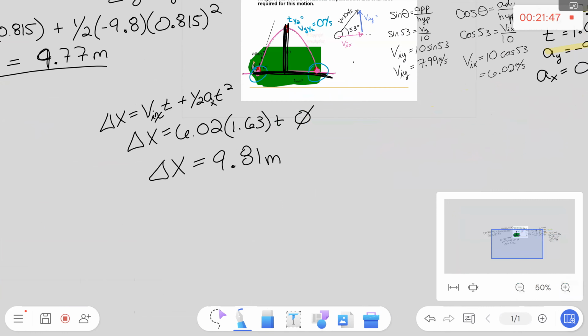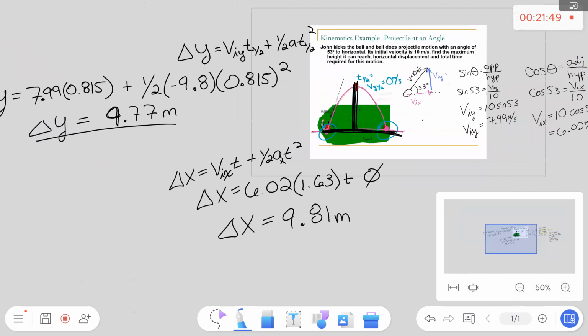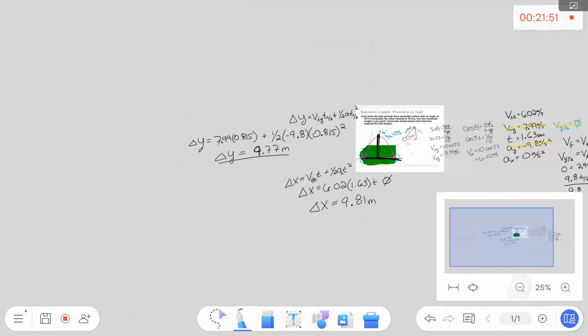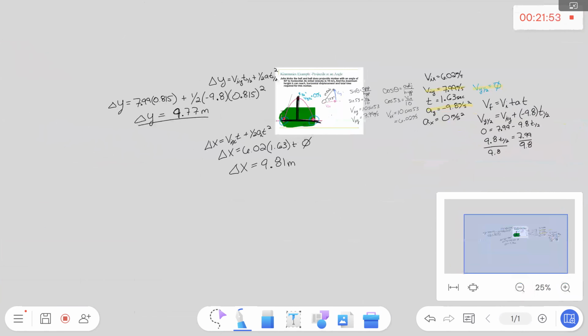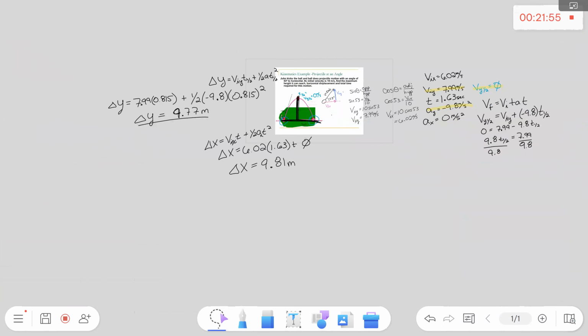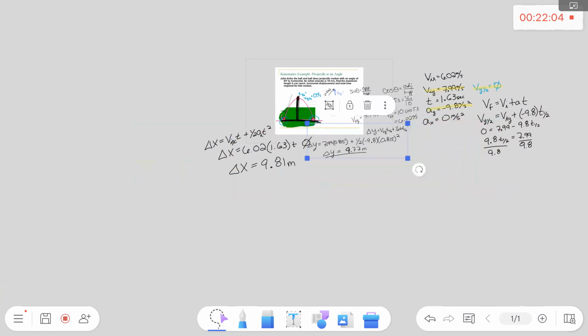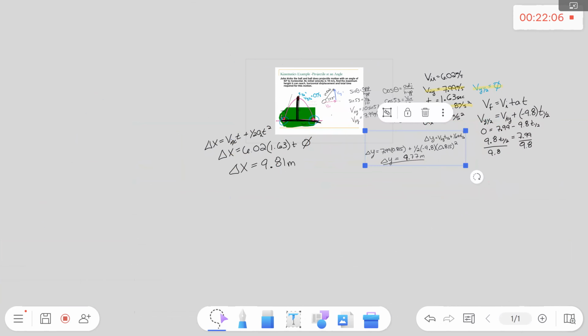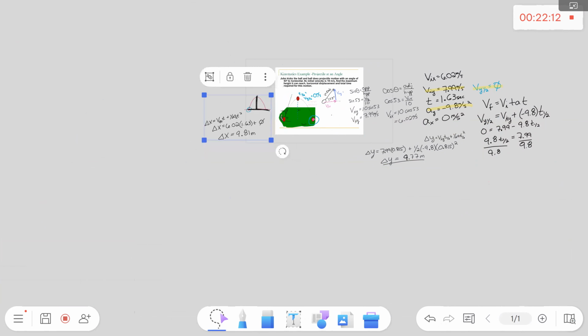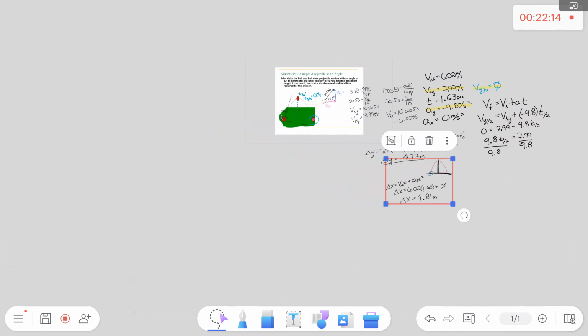That's a little too small. Actually, here's what I'll do. We'll condense this. We'll put all this stuff right here, all this stuff right there.